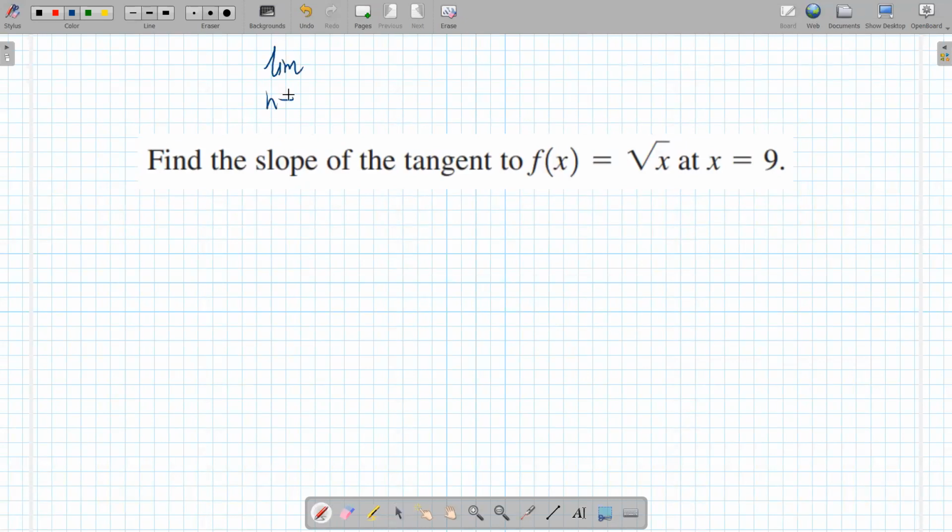Again, the formula is limit as h approaches 0, f of a plus h minus f of a all over h. This is the formula for the slope of the tangent line. What's our a value here? A value is just the x value.